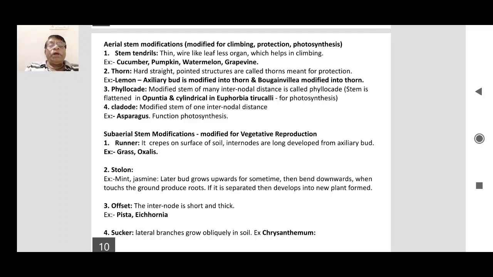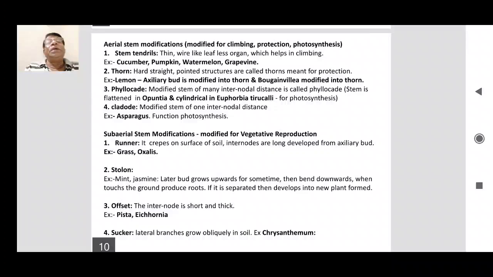Example. In the plant lemon. Lemon means ನಿಂಬೆಹಣ್ಣಿನ ಗಿಡ. Bougainvillea, we call paper flower. In case of lemon, the axillary bud is modified into stem. How can you say axillary bud is modified into stem?